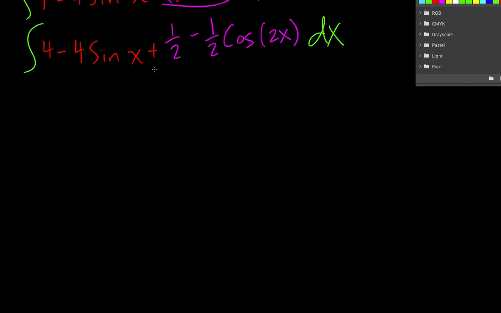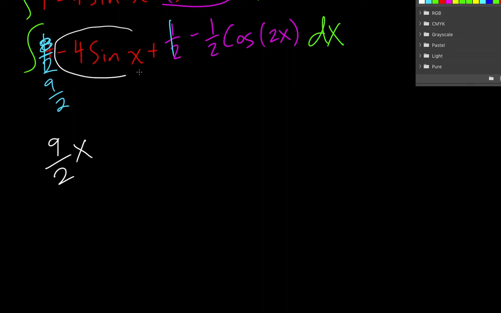Now we just need to integrate or take the antiderivative of all of this stuff. I could think of 4 as 8 halves. And if I add that, this and this become 9 halves. Okay, so now if we integrate, that's going to be 9 halves x. And then this piece, I bring down my negative 4.